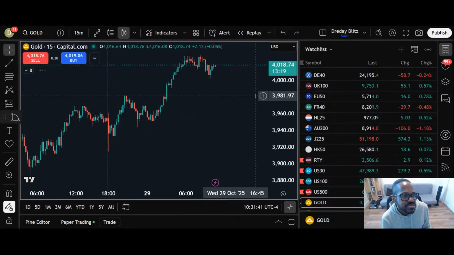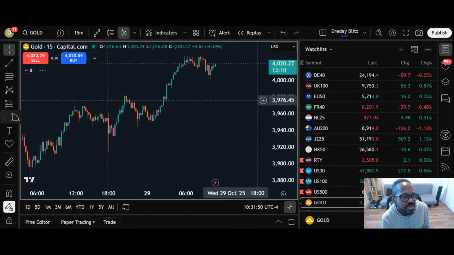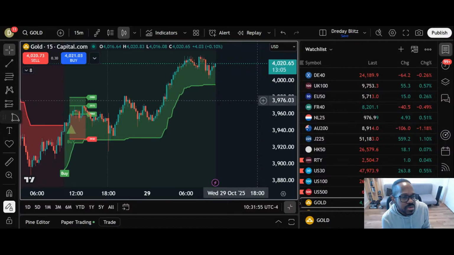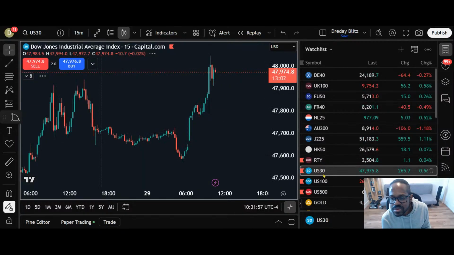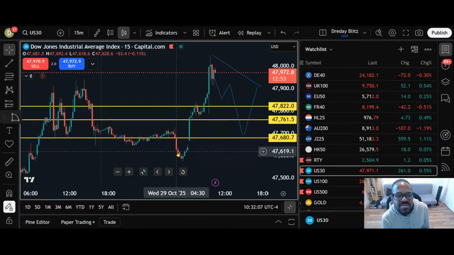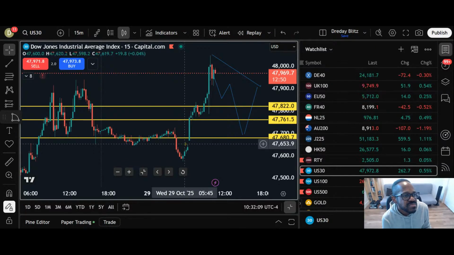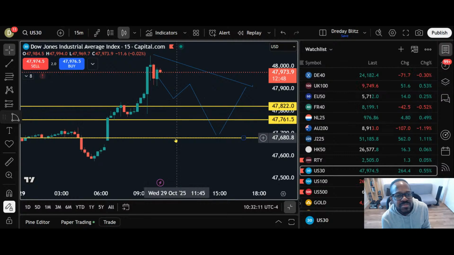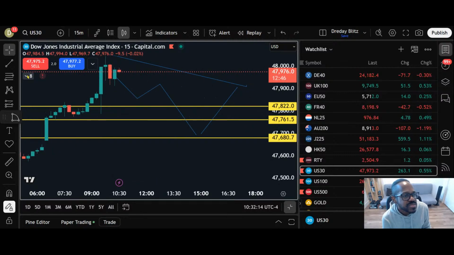Hold on, guys, just trying to see the reason why it's not loading here. That's going to work, yes. But on US30, it's not loading. All right, so never mind.